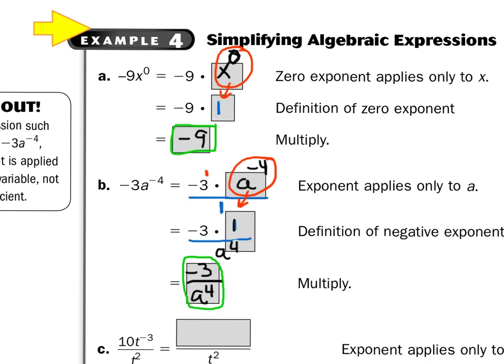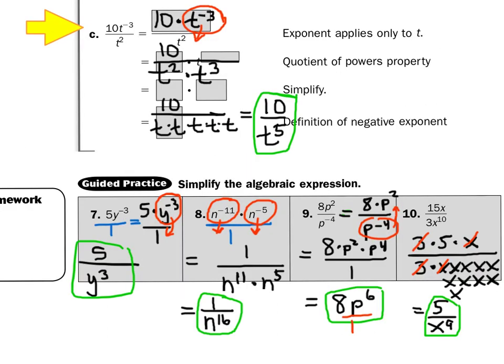Leave them alone. But the a to the negative 4th power, well, this guy has a baby that's crying, so they want to go into the pool. So that means I have negative 3 on top, and then there's always that invisible 1 on top. But the a to the 4th is down in the pool now because the baby is now happy. So that means this would be negative 3 on top over a to the positive 4th power down in the pool.